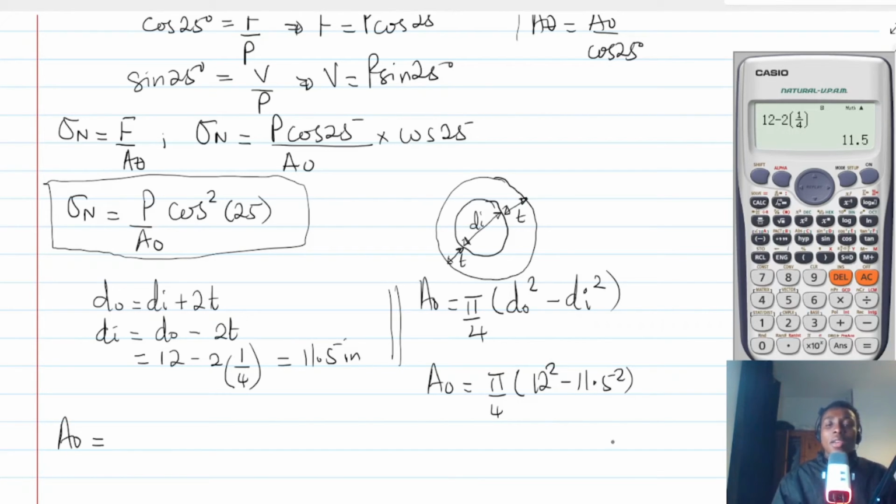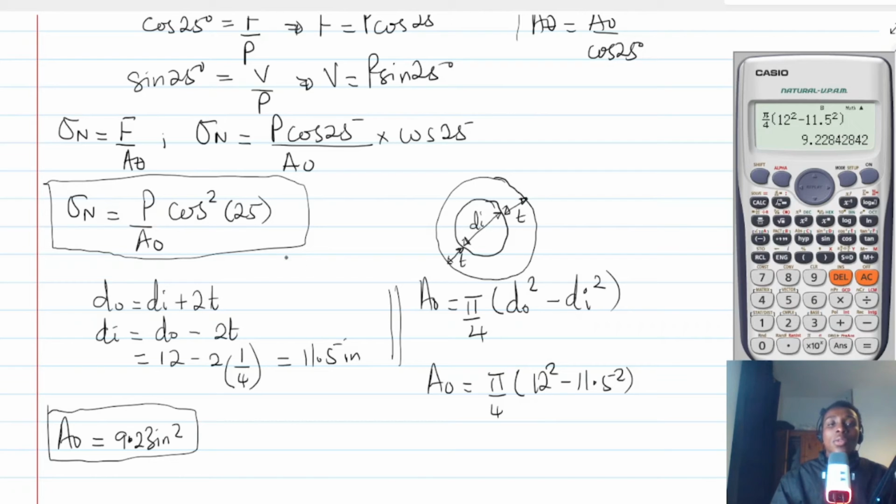Therefore, our A naught will be pi divided by 4 into 12 squared minus 11.5 squared. 9.23 squared inch. All right, so that is it for you.